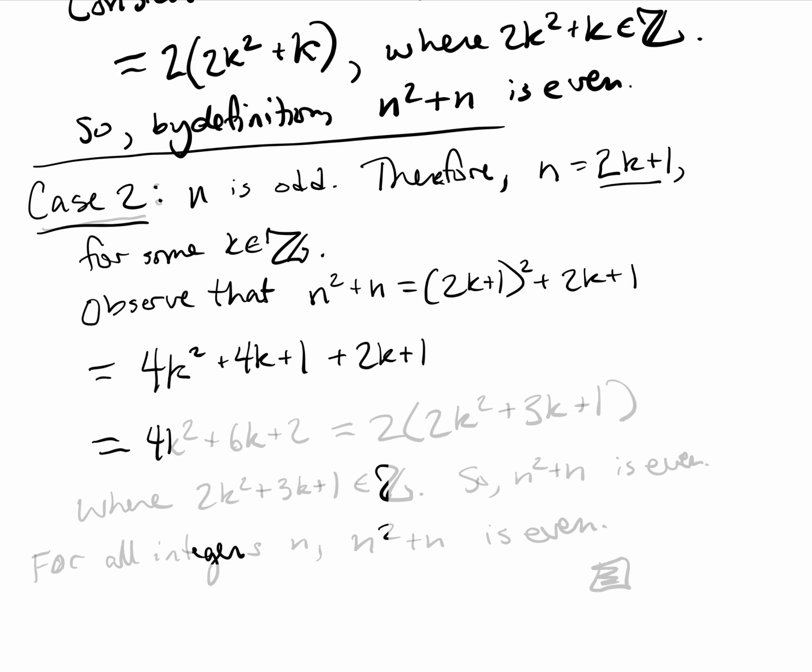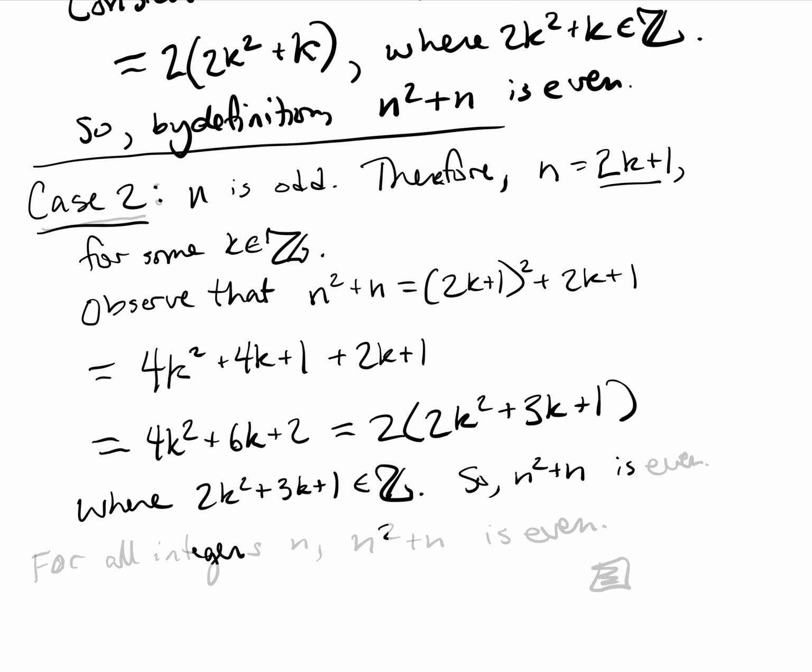We've got 4k squared plus 6k plus 2. And again, we're trying to prove that that's equal to 2 times some integer. Can we factor out a 2? And yes, we can. That's 2 times 2k squared plus 3k plus 1, where 2k squared plus 3k plus 1 is in the integers. So n squared plus n is even.